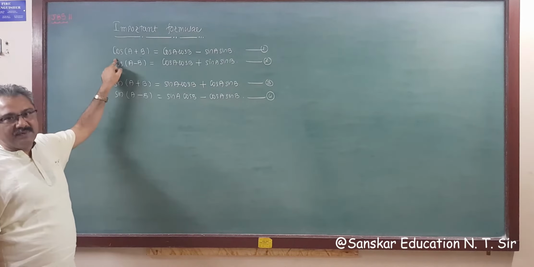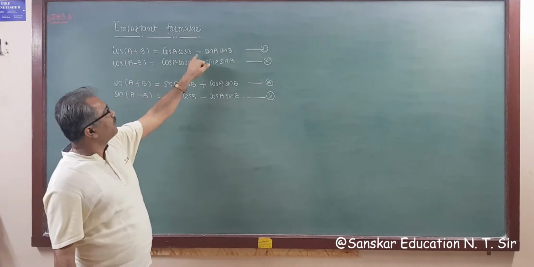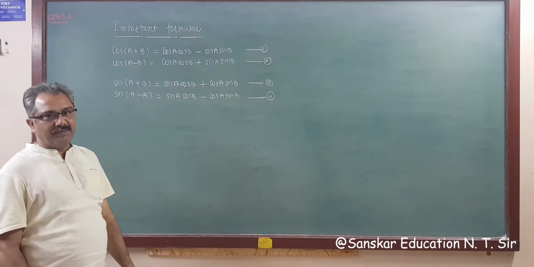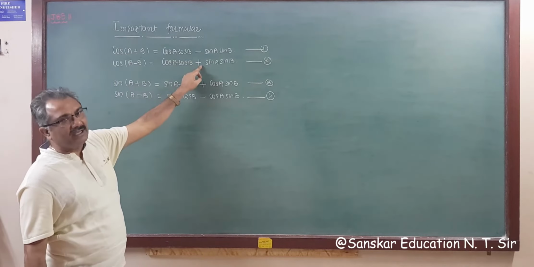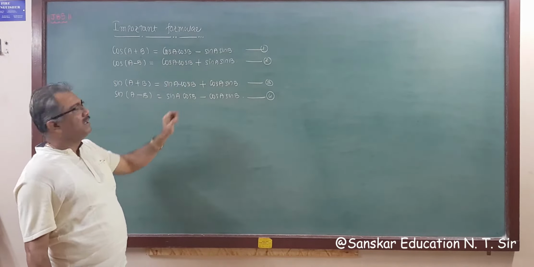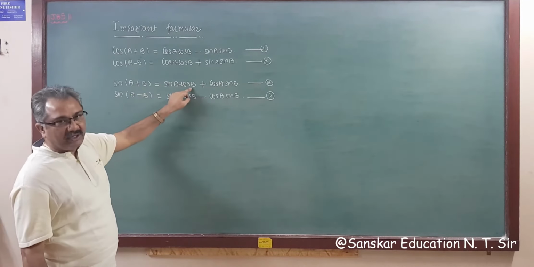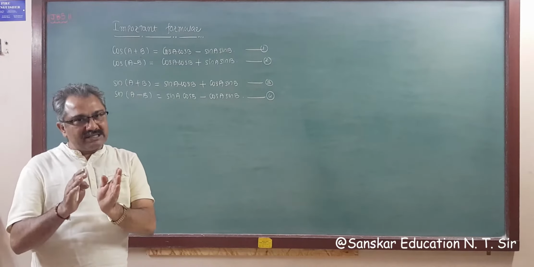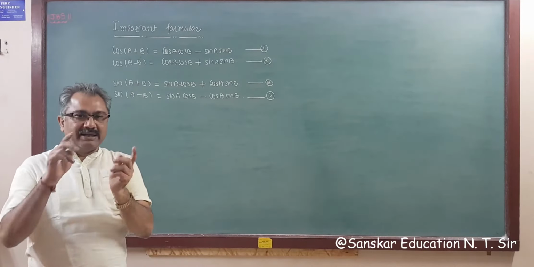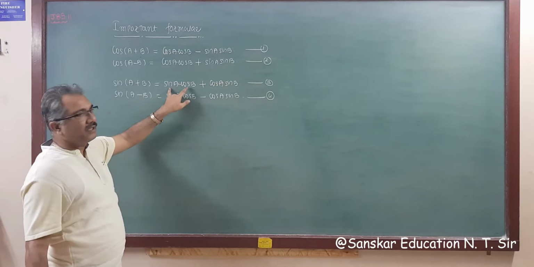So cos(A+B) is equal to cos A cos B minus sin A sin B. If it is plus, then you have to take minus. And if instead of plus here it is minus, then you have to take plus, otherwise the same formula. Now sin(A+B). Remember one thing: for the cos formula, there is cos cos and sin sin, and in the sin formula, it is sin cos and the reverse of the angle.